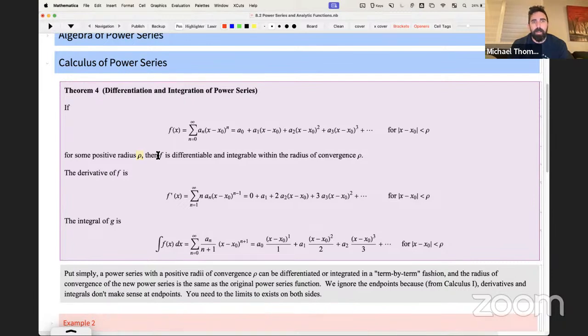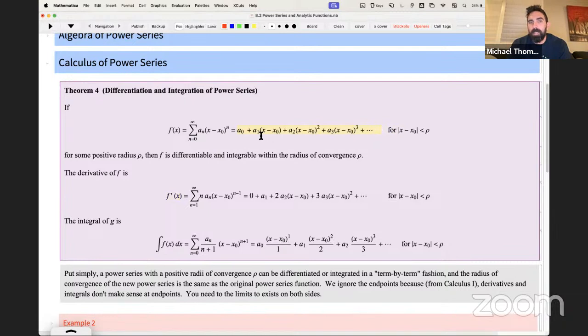So what that means is if you do have this with some positive radius of convergence, it's differentiable and integrable around that point x naught, within the radius of convergence. They're differentiable and integrable, and here's what the derivatives are. It's really easy to find these, because all you're going to do is differentiate the power series and treat it like a polynomial.